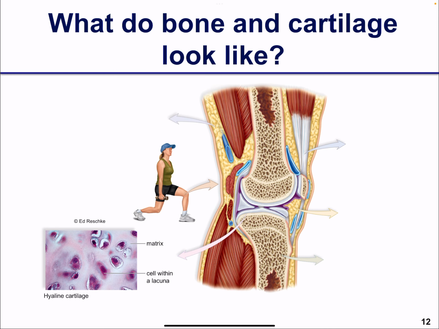So here you have the spongy bone. You can see the spongy bone here, spongy bone here. Okay, well, you don't show it very well, but this is right here. You have some compact bone. All right, compact bone. Okay, so here you're going to have some cartilage.